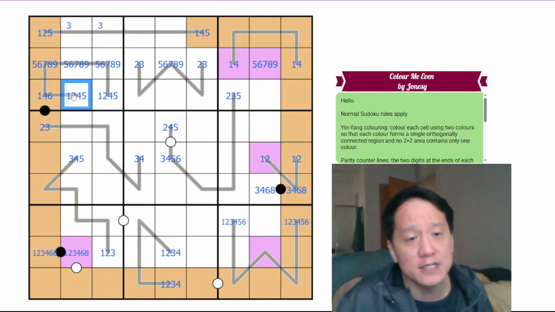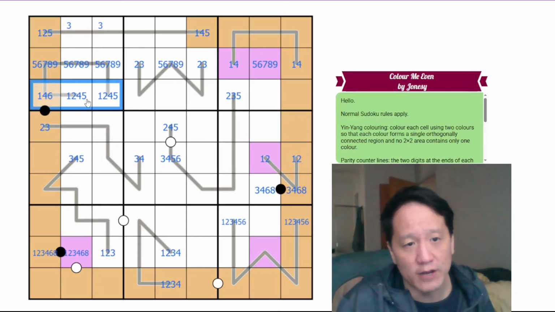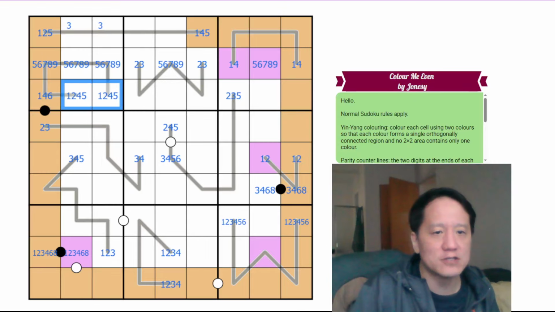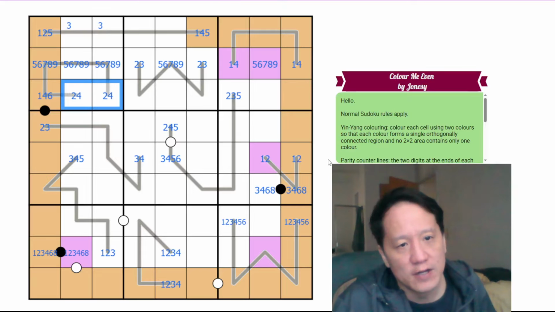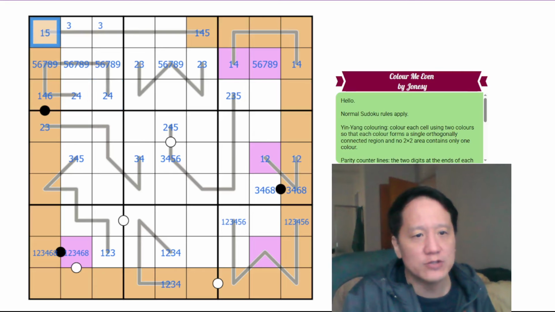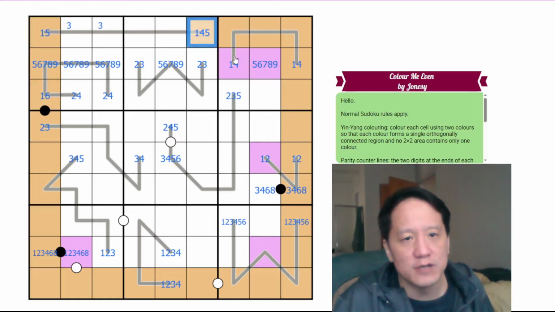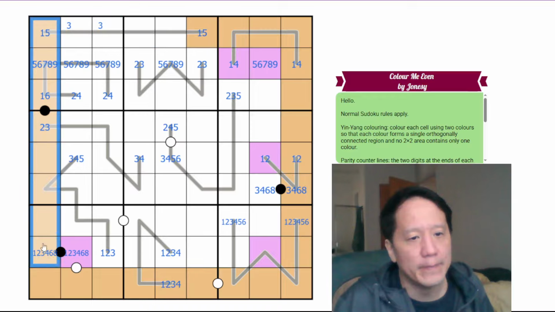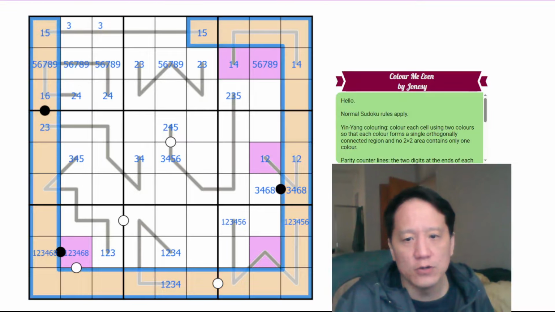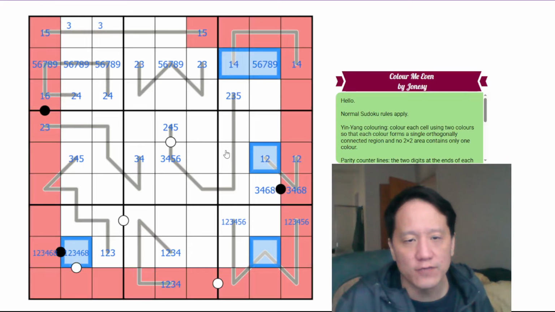So you're guaranteed that this has to be 2 and 4 here, which eliminates 2 and 4 in the rest of the box. So this can't be 2, this can't be 4, and we know this has to be a 1-5 pair to add up to 6. So we know the oranges are all odd, and the pinks are all even.